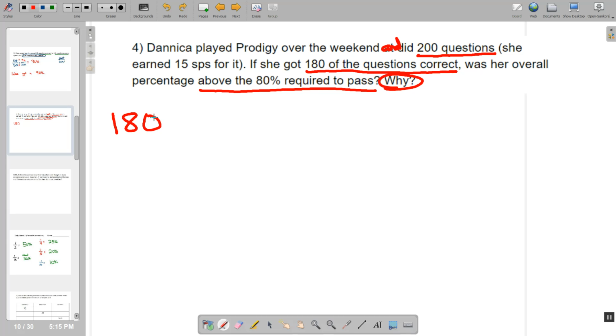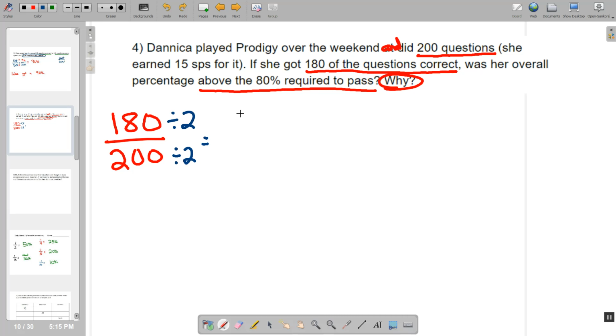So that would be 180 out of the 200 total. From here, we need to make it percent or per 100. So this time, we're going to simplify by dividing instead of multiplying. 180 divided by 2 is the same thing as 18 divided by 2 times 10.